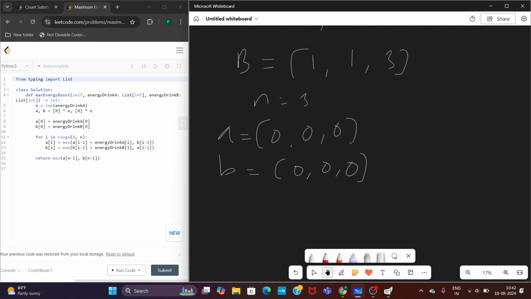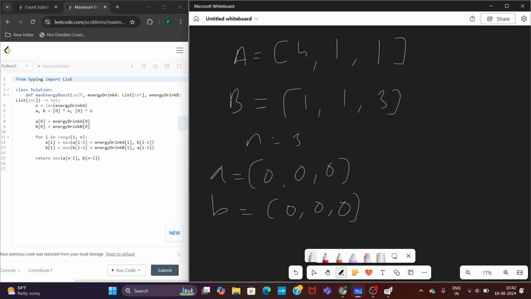So I am initializing my A of 0 as energy drink of 0. My zeroth element will be 4 and then simply 0 and 0. Then next my zeroth element of B will be now 1, and then simply 0 and 0.